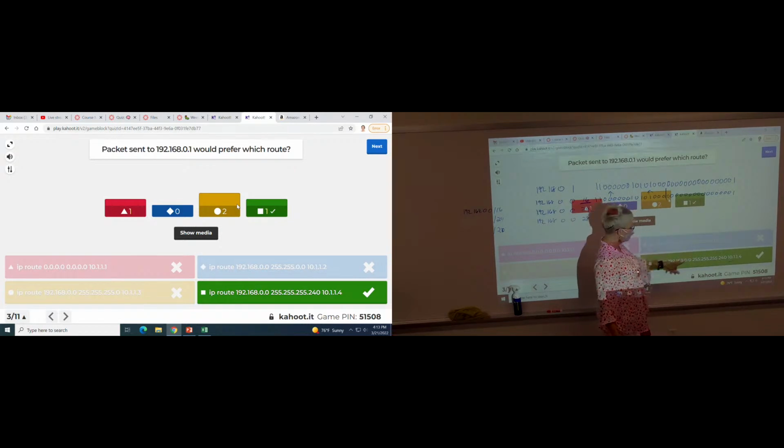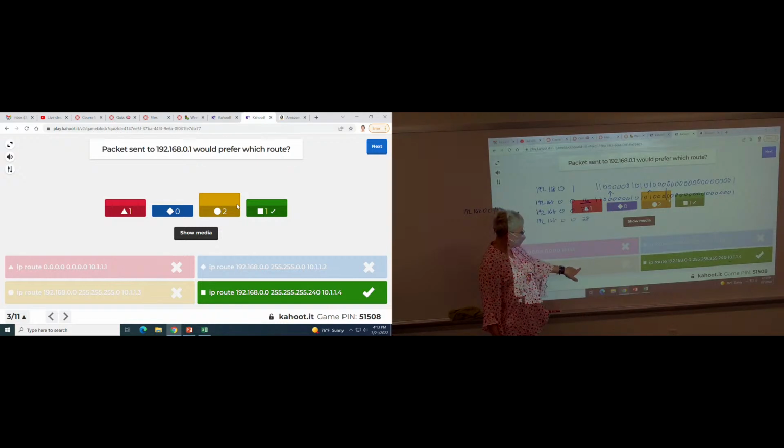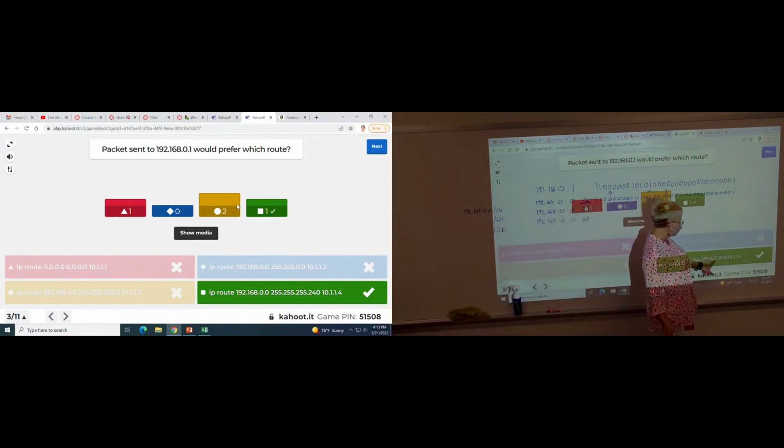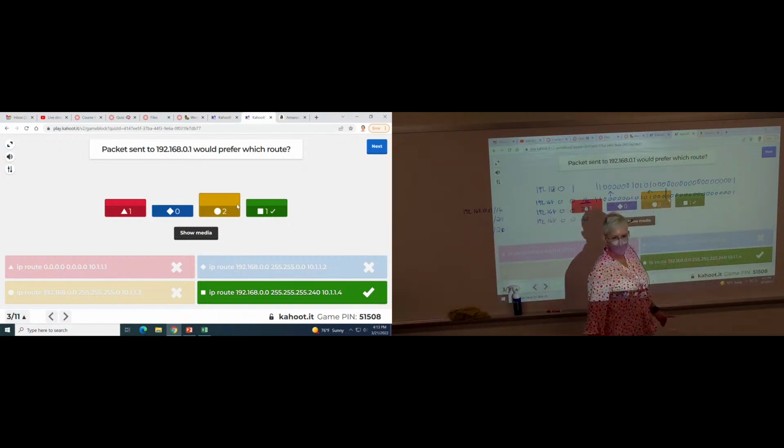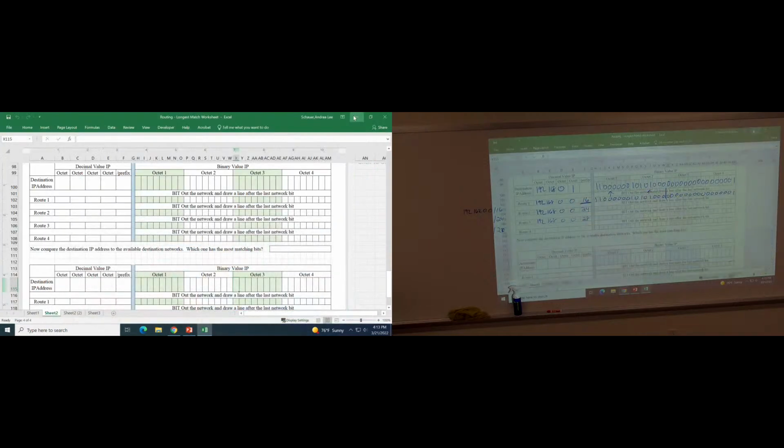And this one is 255.255.255.0, so that's a /24. And then 255.255.255.240, that's a /28, okay? So that tells us how many bits we can look at.